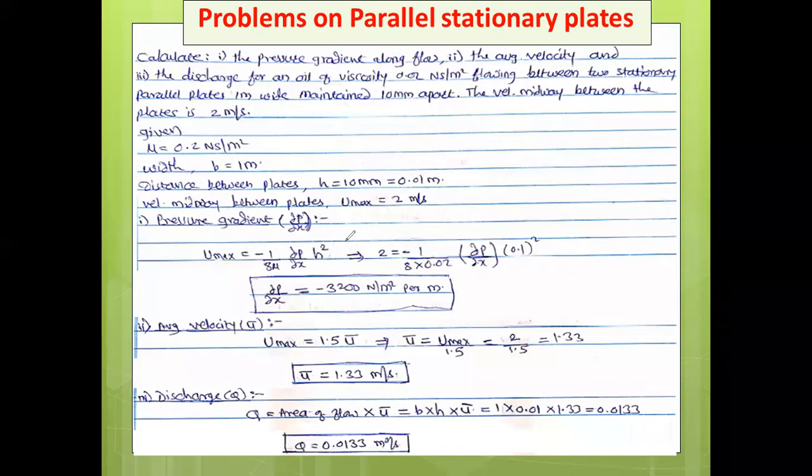So we get the value of Q. Putting the values in this equation, 1 is the b, 0.01 is the h, and this is U bar. We will get the value of discharge. In this way we have to solve this problem.